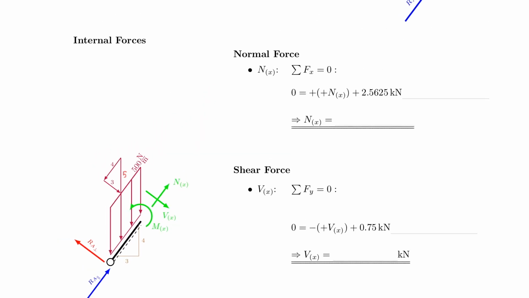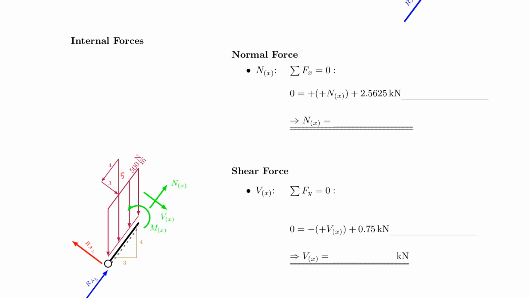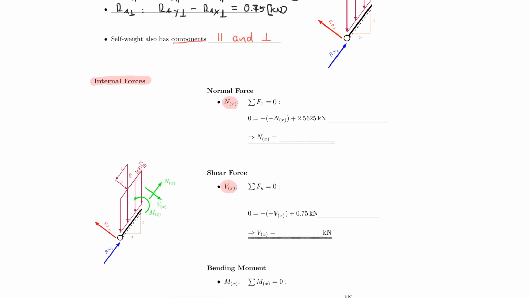So now I can calculate my internal forces, or better yet, create my functions for the normal force, for the shear force, and later on for the bending moment. So let's look at the normal force and shear force.